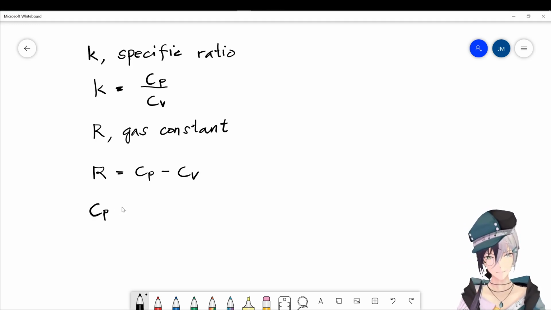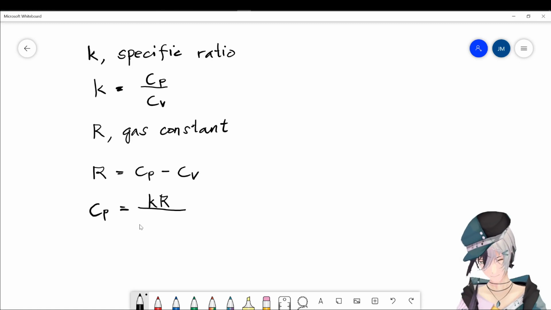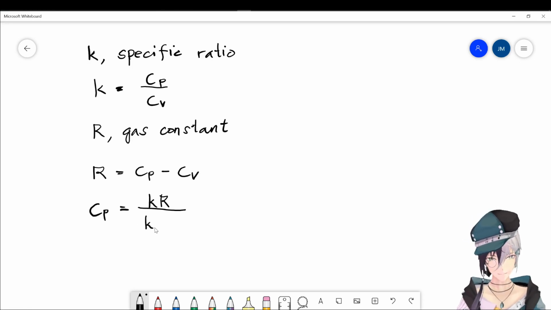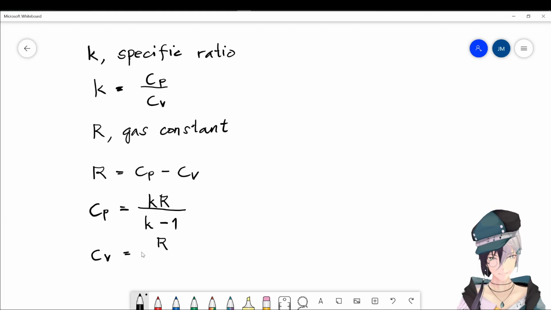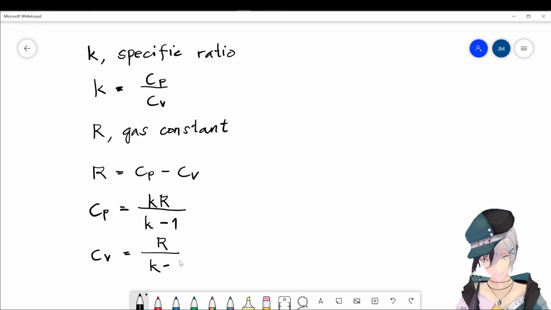Another relationship: C sub P is K R over K minus 1, and C sub V is R over K minus 1.